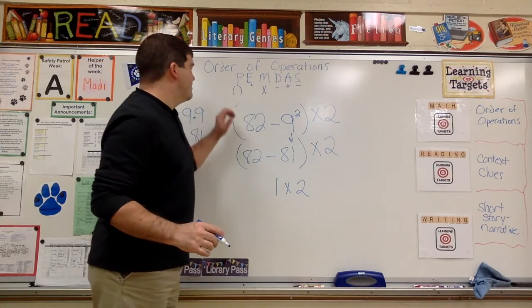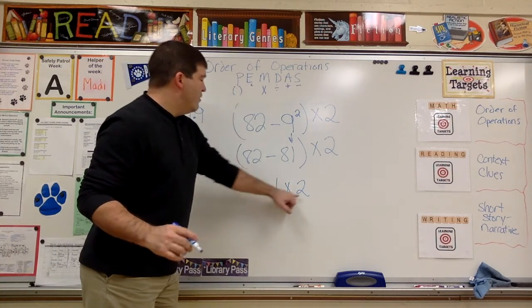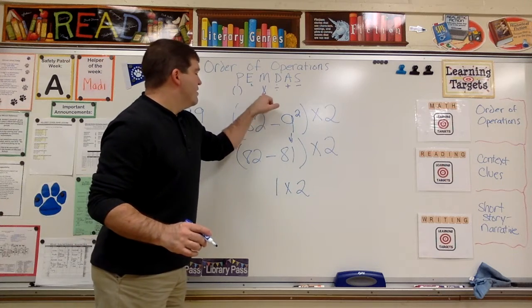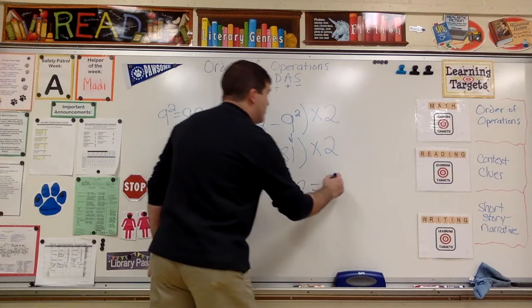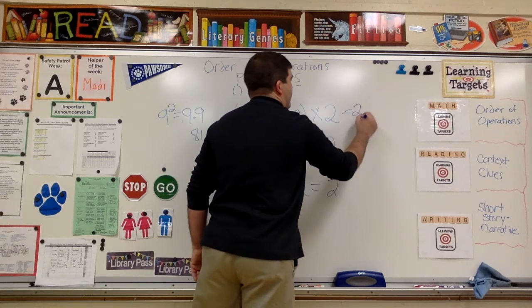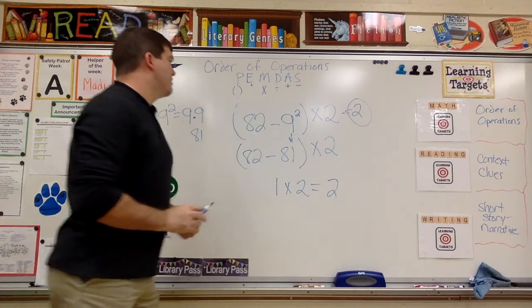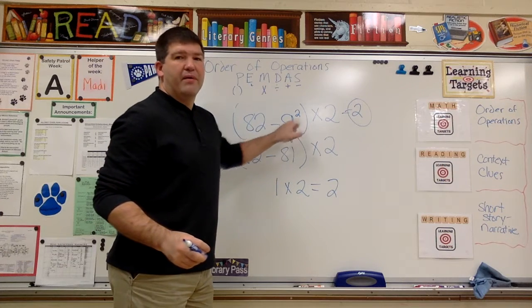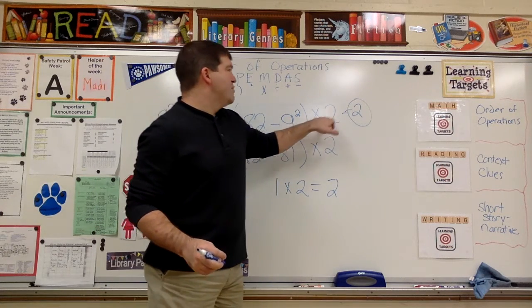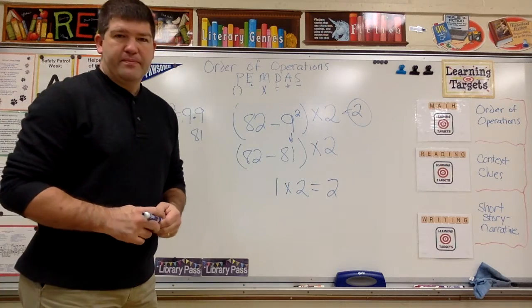So I've done my parentheses. All of that's done. No exponents here. There's a multiplication. So now I just do the multiplication. 1 times 2 is 2. And that is my answer. 82 minus 9 squared, or 9 to the second power, times 2 equals 2.